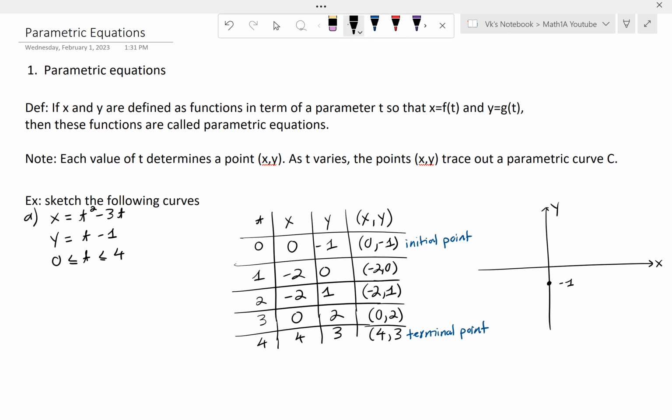When t equals 1, (-2, 0). When t equals 2, (-2, 1). When t equals 3, (0, 2). And when t equals 4, (4, 3).